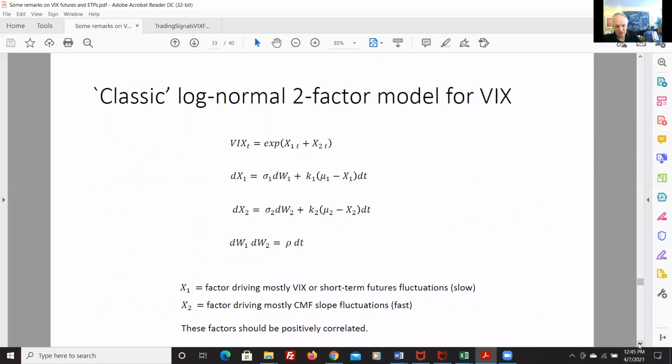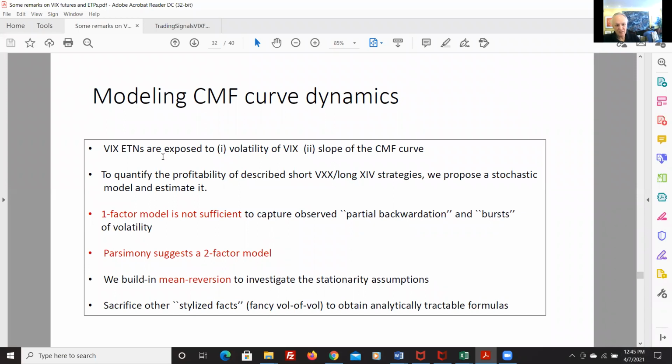And so we found that VIX ETNs, so for example, one idea is how do you treat VIX ETFs, which are rolling futures contracts. We're going to go through that very briefly. But if we want to quantify the profitability of any future strategy, including shorting or going long via VIX ETNs, we need to have a model that has at least two factors, because one factor is very rigid.